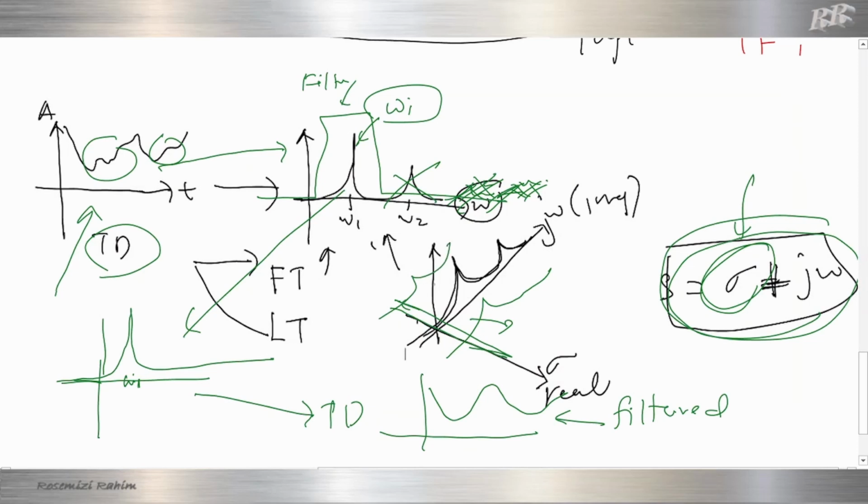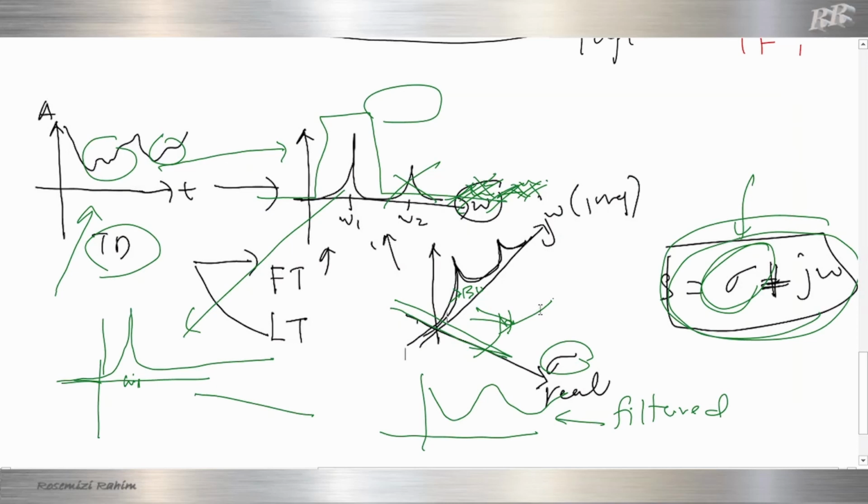By moving this response along the real axis, we can modify the bandwidth. So we can increase or decrease the bandwidth of the filter. This is the second example of the frequency domain.